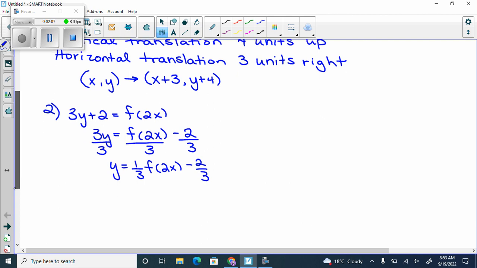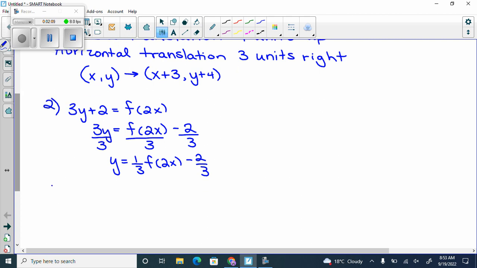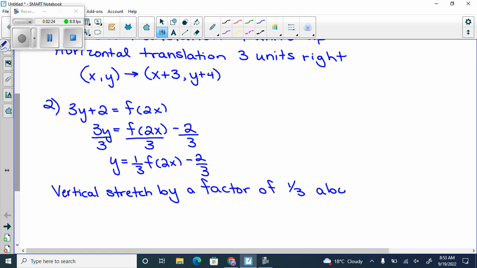So here we have a vertical stretch by a factor of 1/3 about the what axis? X, yeah. Did I give you any reflections?